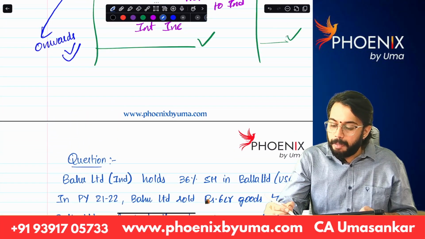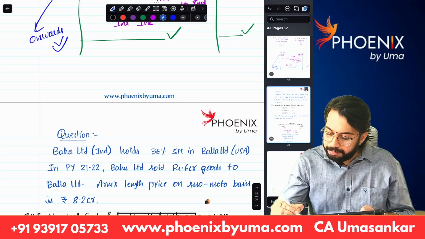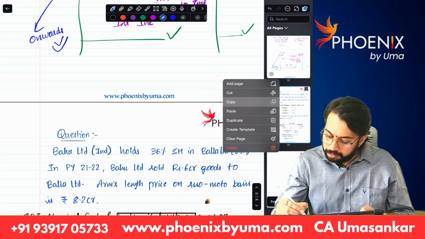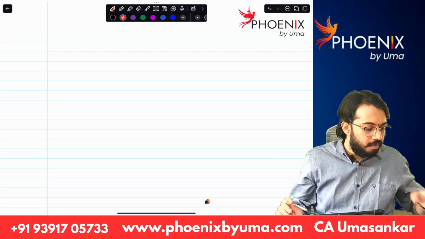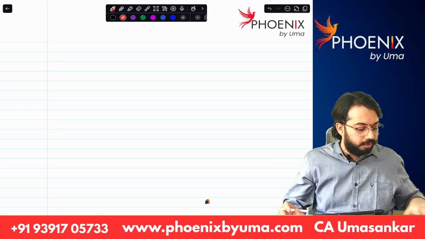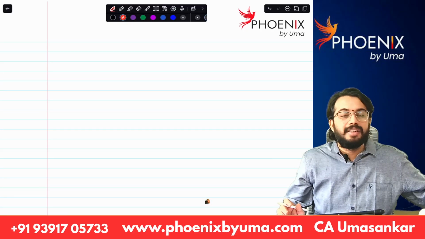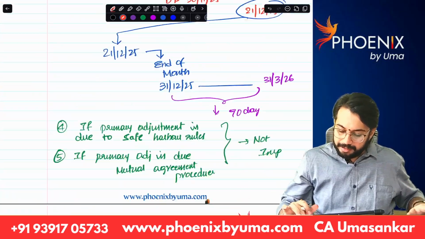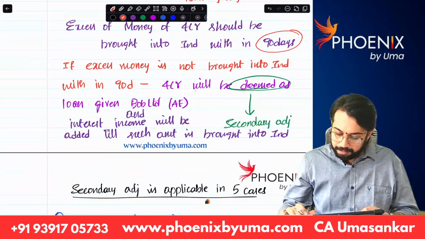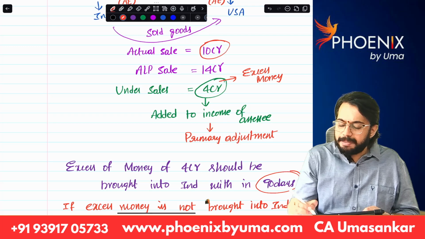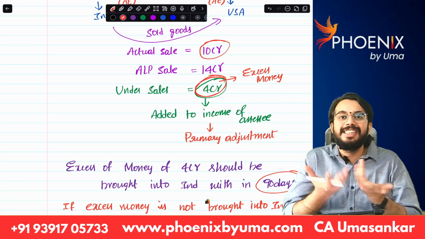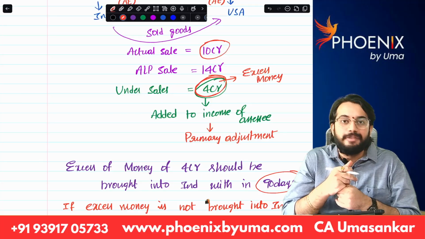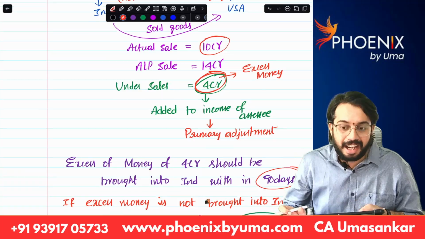Before we do the problem, there is one more point. In this case, the excess money is 4 crores. But how can we bring 4 crores? Is there any alternative without bringing 4 crores? Yes, there is an alternative.